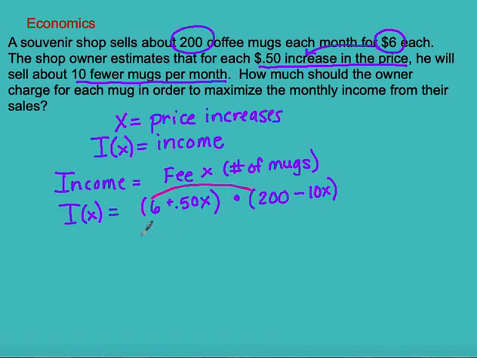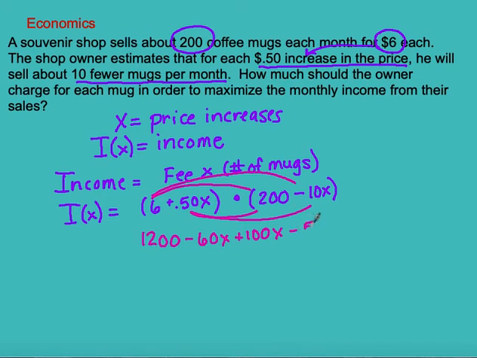So I'll take my firsts, which are 1200, my outsides, which give me negative 60x, my insides, which gives me about half of 200, which is 100x, and my lasts, which are half of negative 10x, and that's going to give me 5x squared, and that should be negative. Erase that.